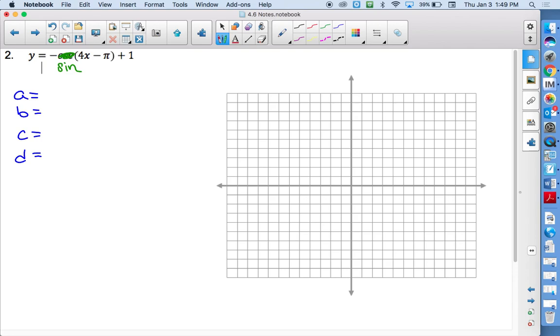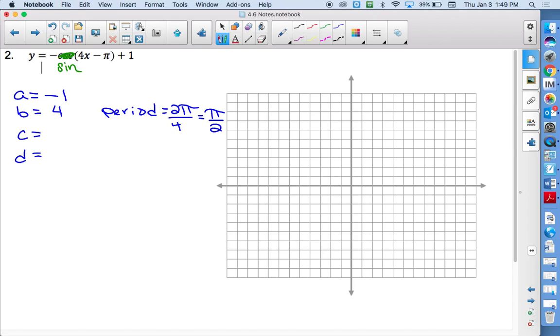Chelsea, what would the A value be? Negative 1. The B is 4, and that helps us get the period, which for sine is 2 pi over 4, because it's 2 pi over B. So that's pi over 2. The C value, what's C in this problem?